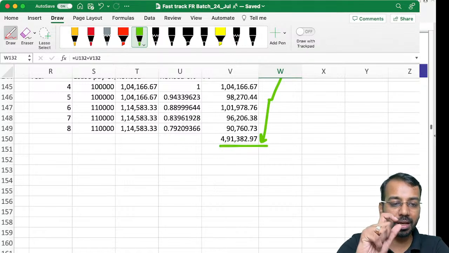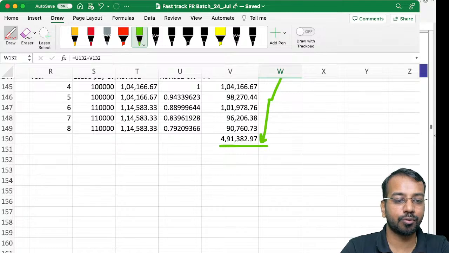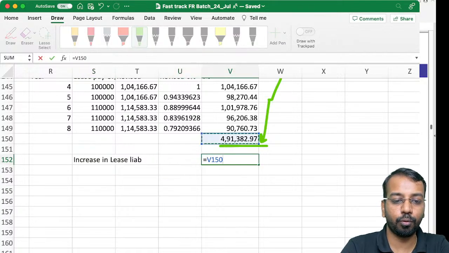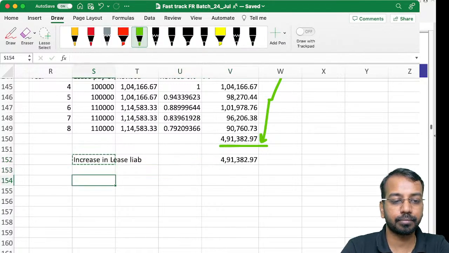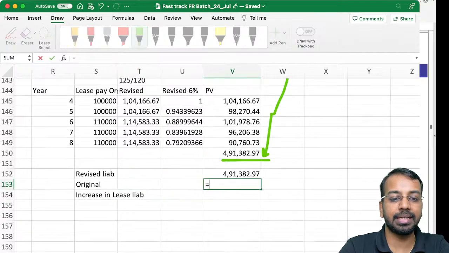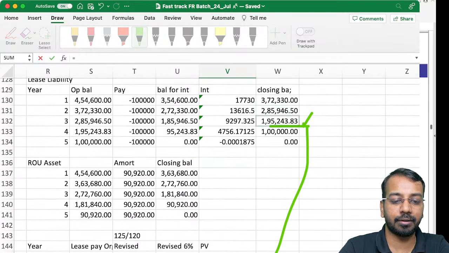So what you have to do is increase the lease liability. The revised liability is 491,382. The original liability is 195,243.